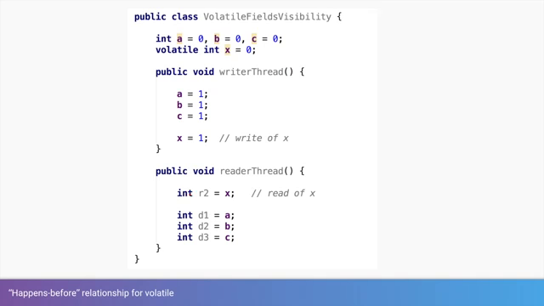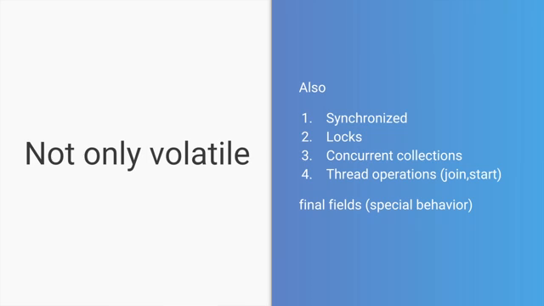In fact, this is not just applicable to volatile. This concept of happens before relationship and field visibility is also applicable to things like the synchronized keyword, synchronized methods, synchronized blocks, locks, lock operations, some operations of the concurrent collections, and some thread operations like join and start.